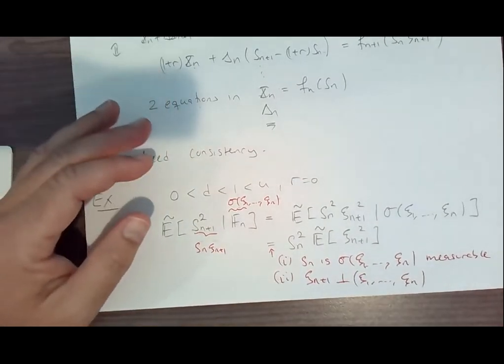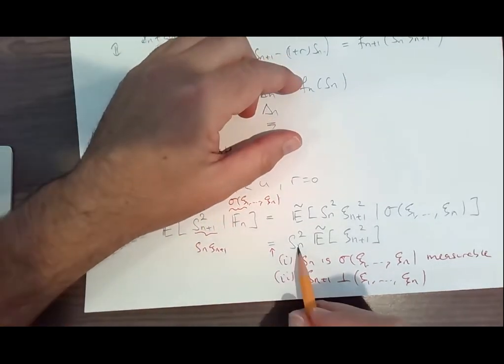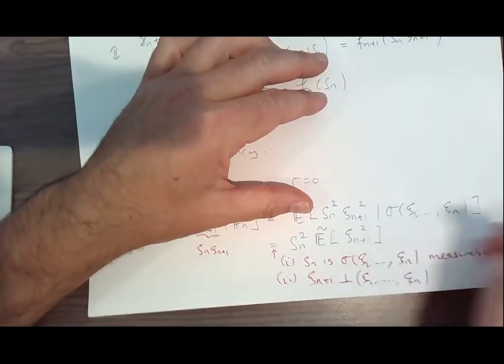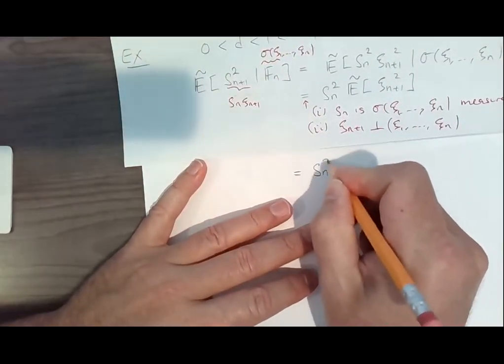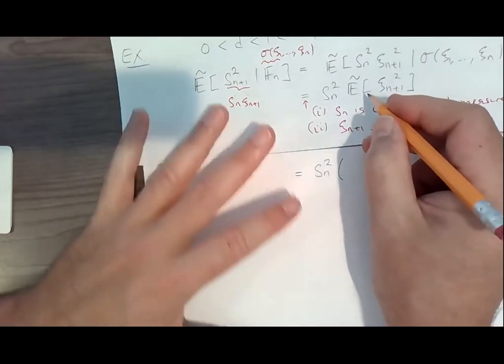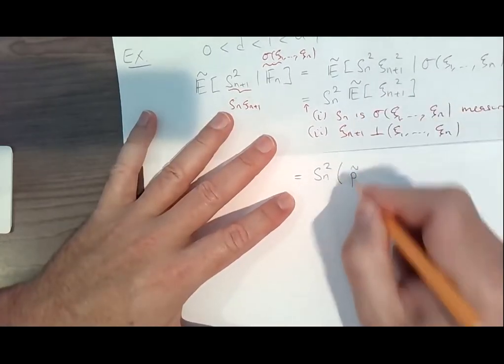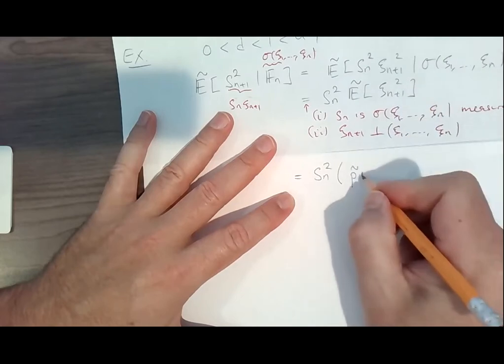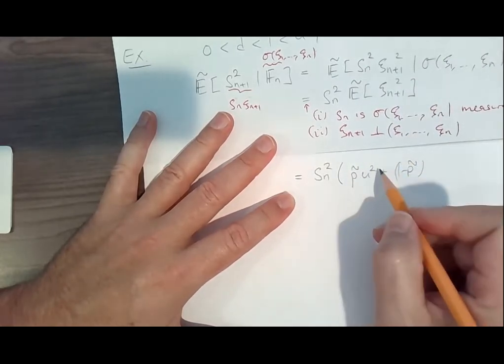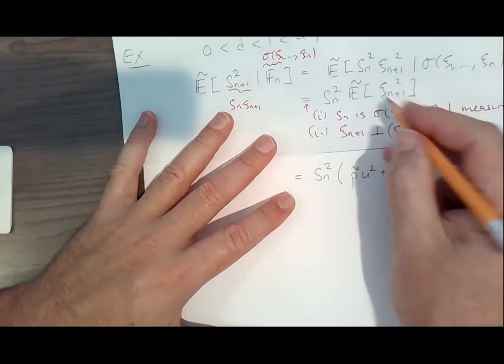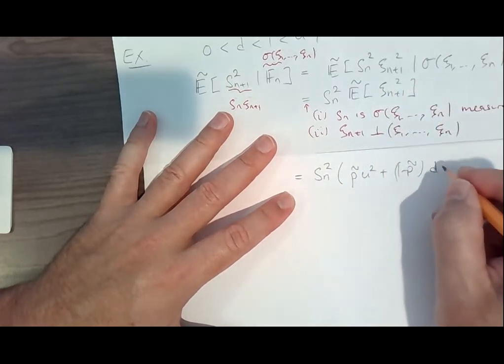Then we're almost home free, because what we have now is Sn squared times this expectation. So this is Sn squared times P tilde times U squared plus 1 minus P tilde times D squared. Don't square the P tildes, right? It's P tilde times this thing here squared. This is a D squared.